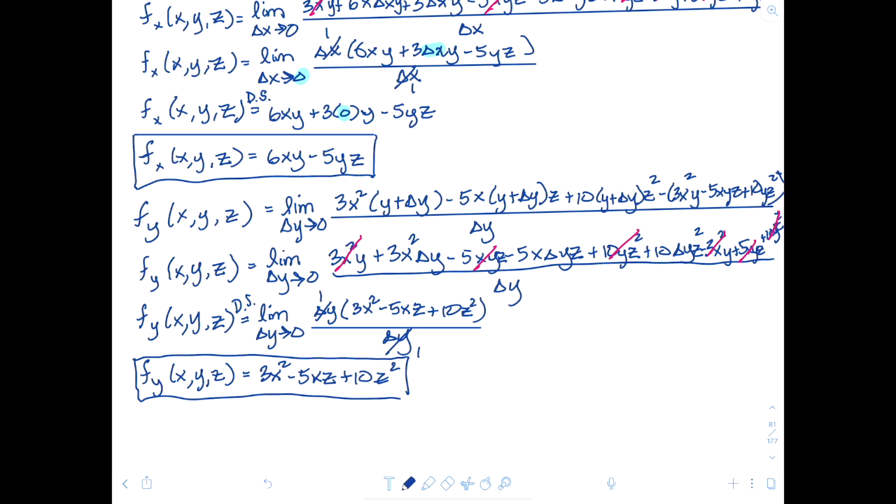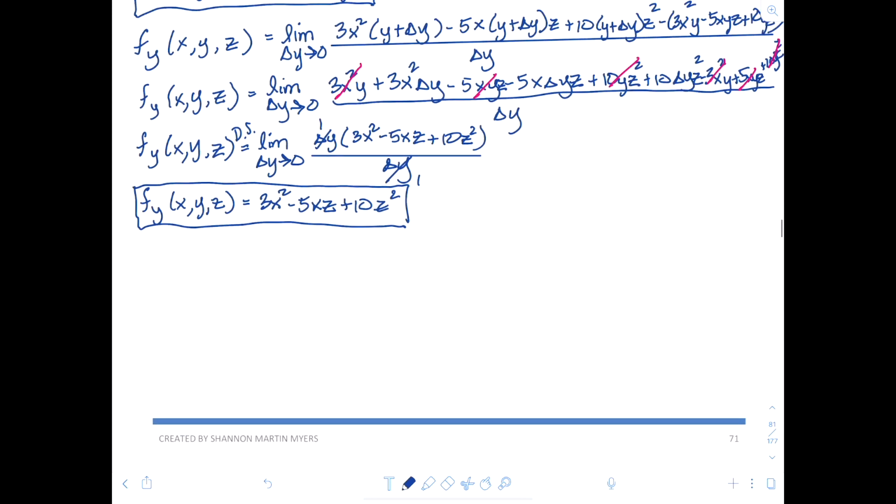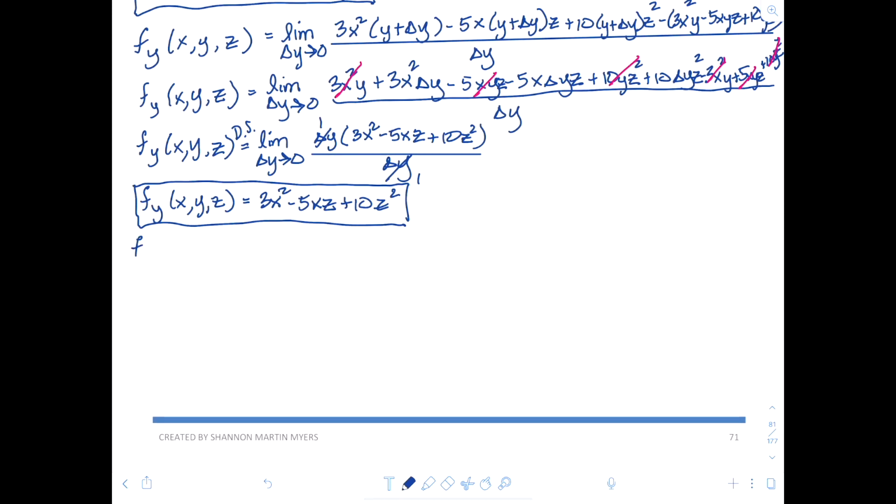All right, so let's do that last one. So I'll write small.